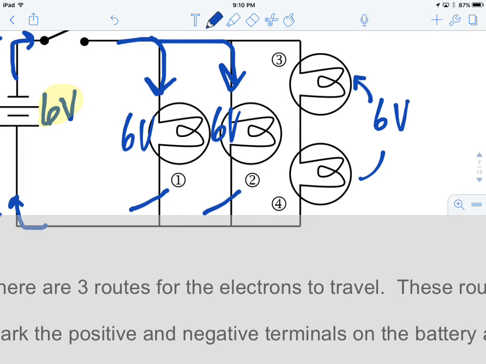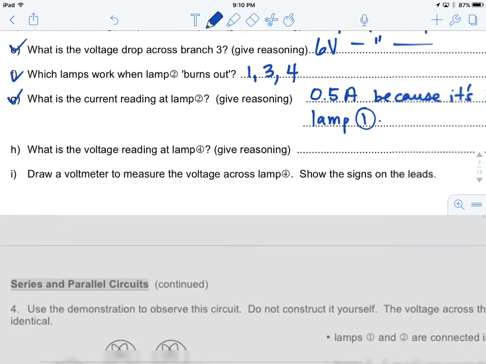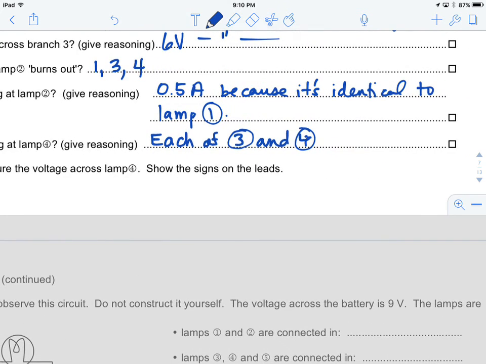Some of this voltage is going to be used here, and some of it's going to be used here. And because these guys are identical, each of them is going to get 3 volts. So that was pretty good. I was pretty impressed when I was walking around. Each of 3 and 4 gets 3 volts.